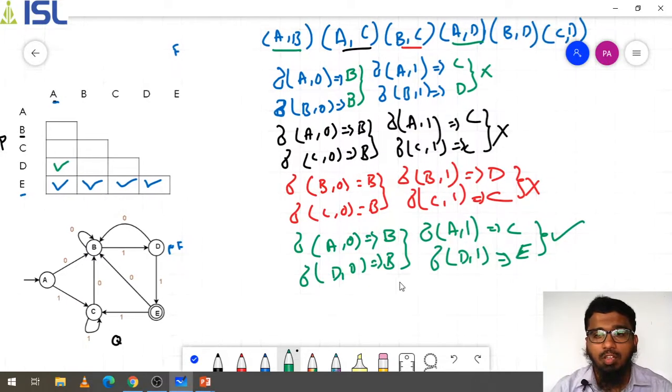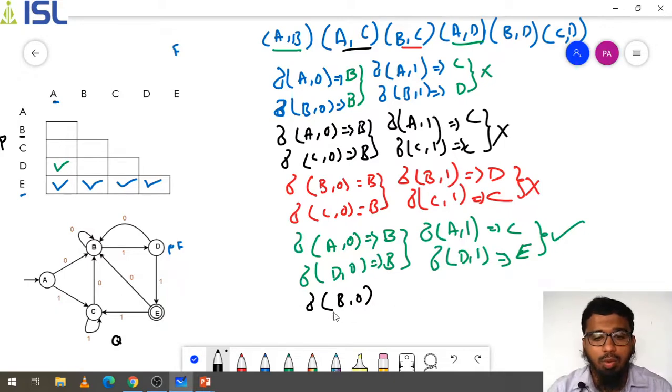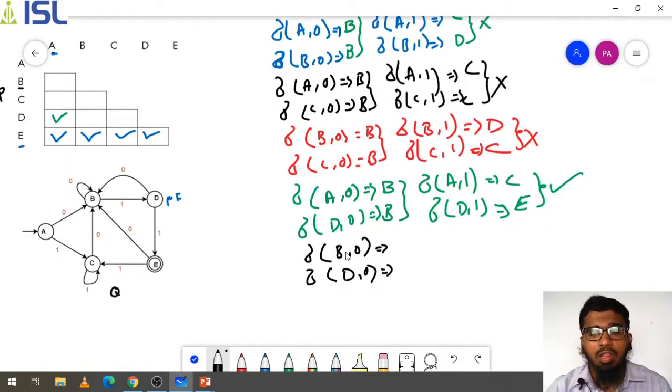Next one is BD. B comma 0 and delta D comma 0. Here B comma 0 is going to B only, and D comma 0 is going to B only.